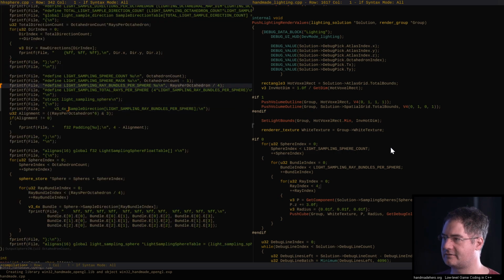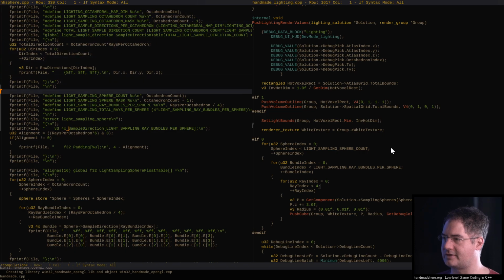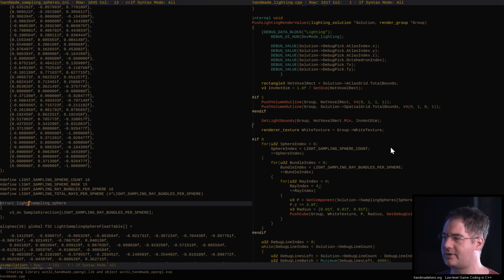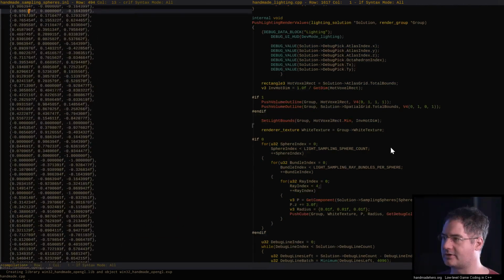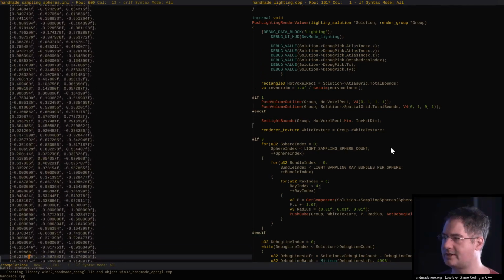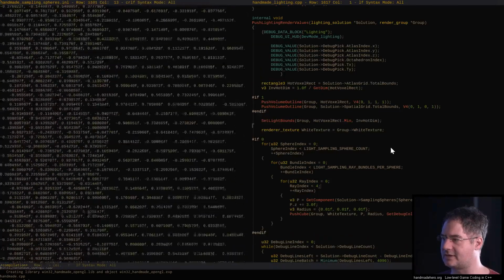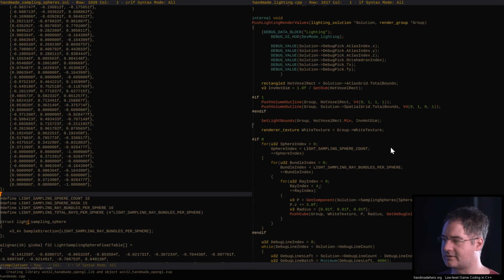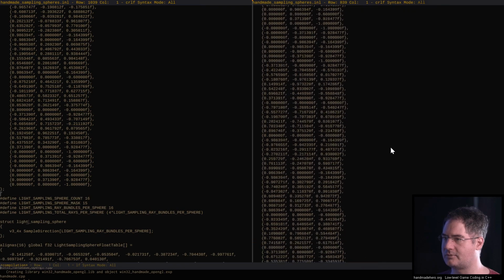We're only using this part of the entire thing. So presumably, if we went to this part here, we've got this light sample direction. Presumably, if we just deleted the rest of this stuff, it would be fine.